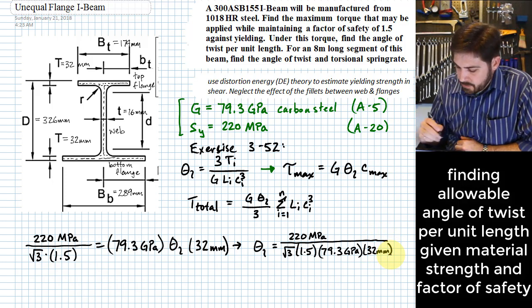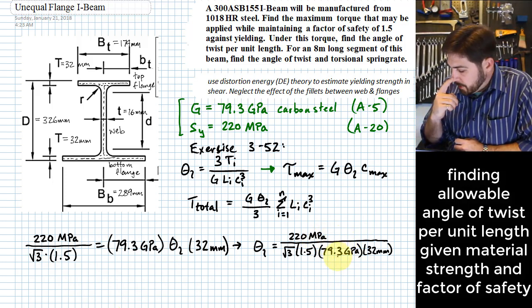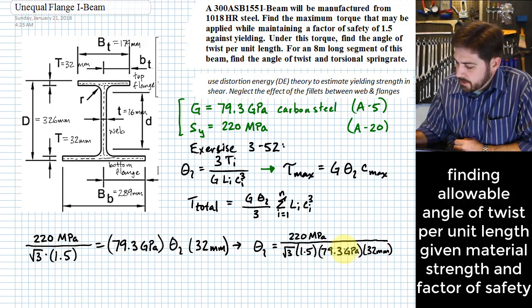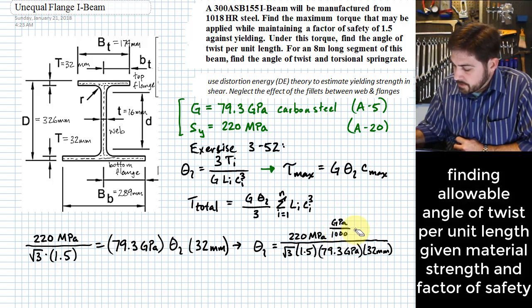Now one of the things we need to do here is think about our units. There is a relationship between megapascals and gigapascals, which goes by a factor of 1,000. So if I want to put in a gigapascal, it is 1,000 megapascals. The other thing is these millimeters in the denominator.